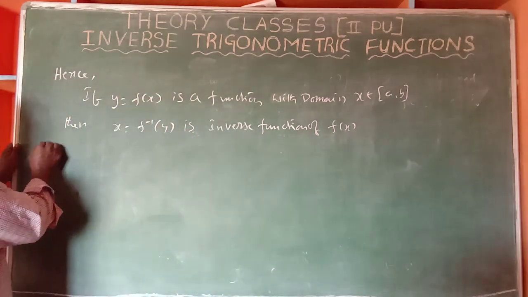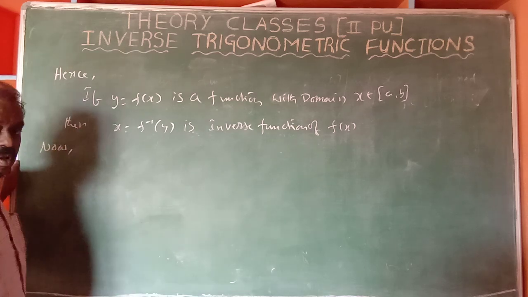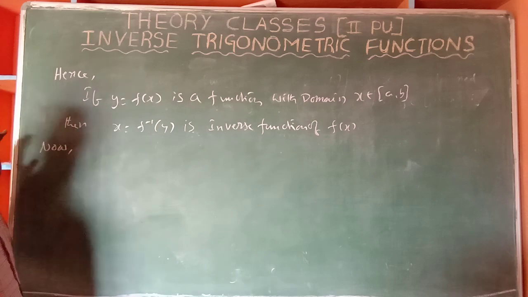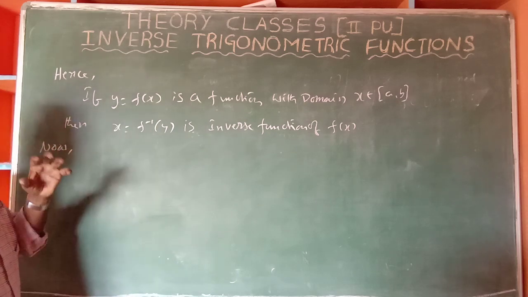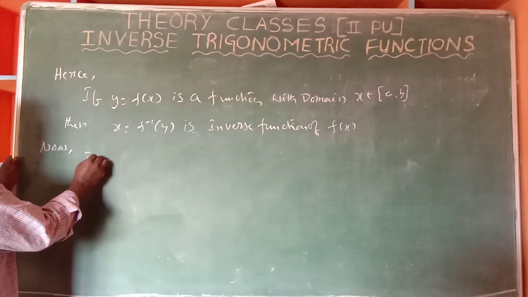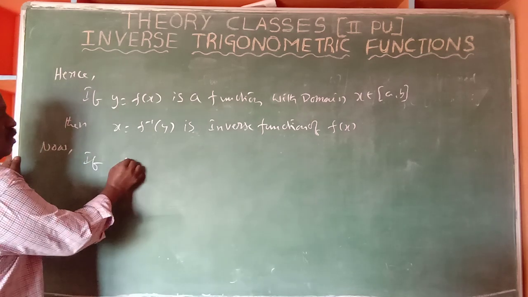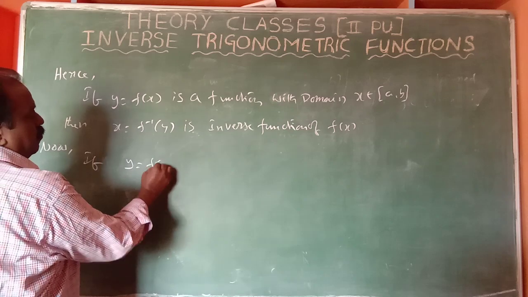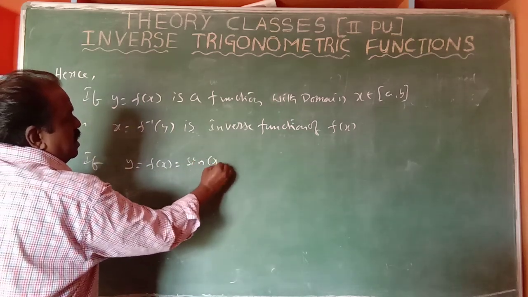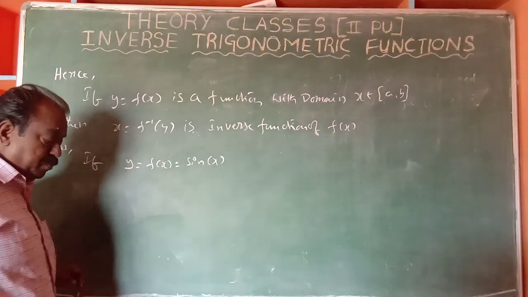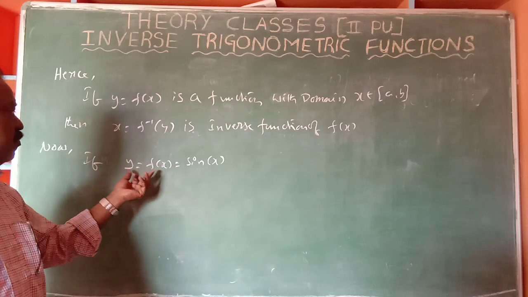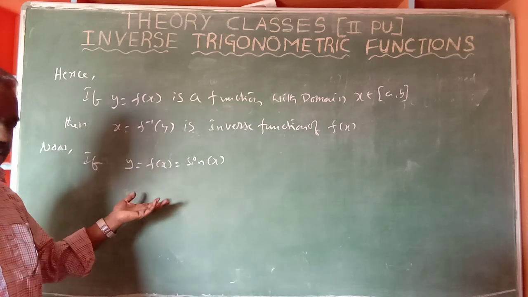Now you see, slowly we'll come to our chapter, inverse trigonometric functions. Here onwards you pay good attention. If y is equal to f of x is equal to sin x, y is equal to f of x is simply notation. y and f of x are both the same function.